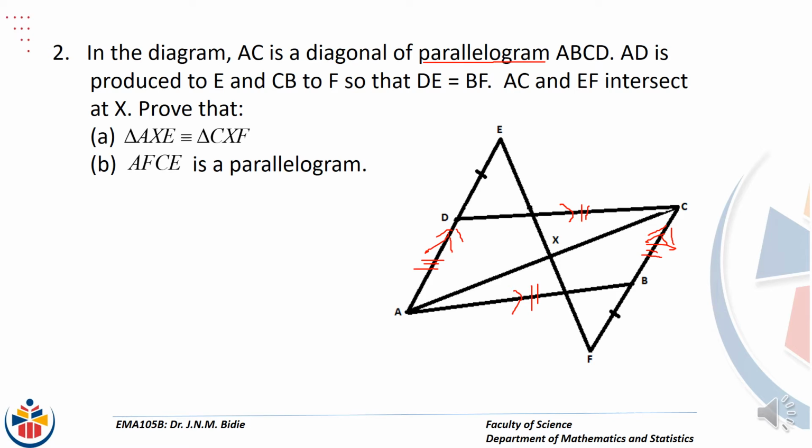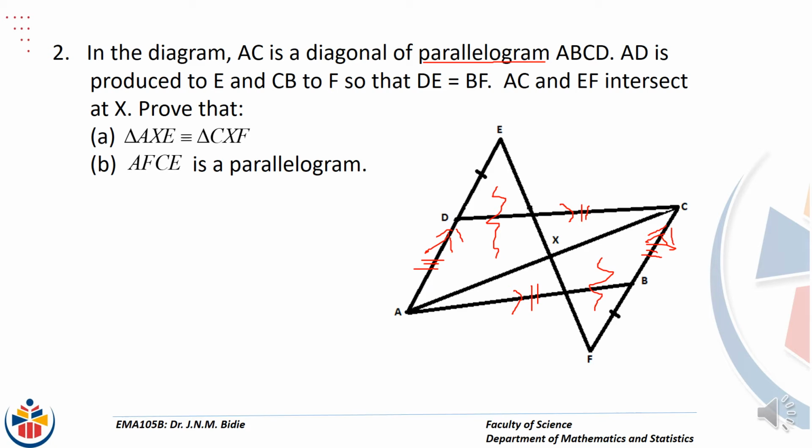DE has been given to be equal to BF, as AD has been produced to E, and CB has been produced to F. And these two intersect at the point X, that is EF and AC intersect at X. And then we are asked to prove that triangle AXE and triangle CXF are congruent. So that's the big triangle that we're looking into.